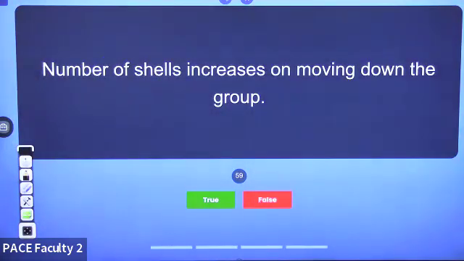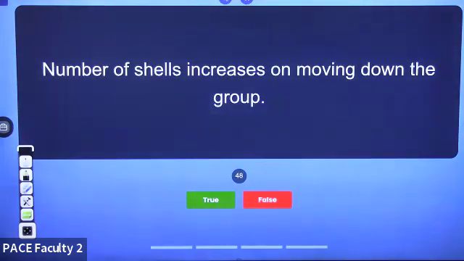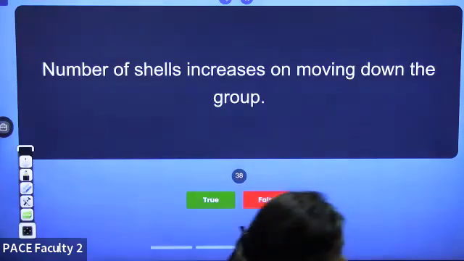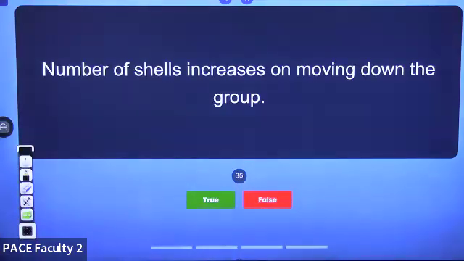Question number 1. Number of shells increases on moving down the group. The number of shells keeps on increasing as you go down the group. Yes, very good.